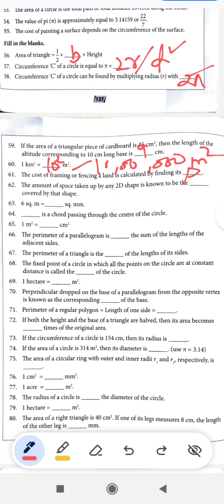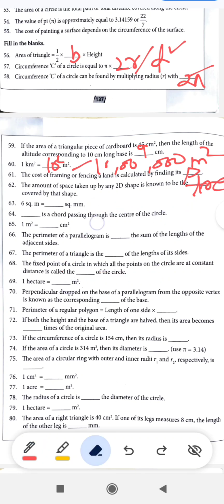It means the area is covered by the shape. See, this is a parallelogram and this space is occupied by its area.